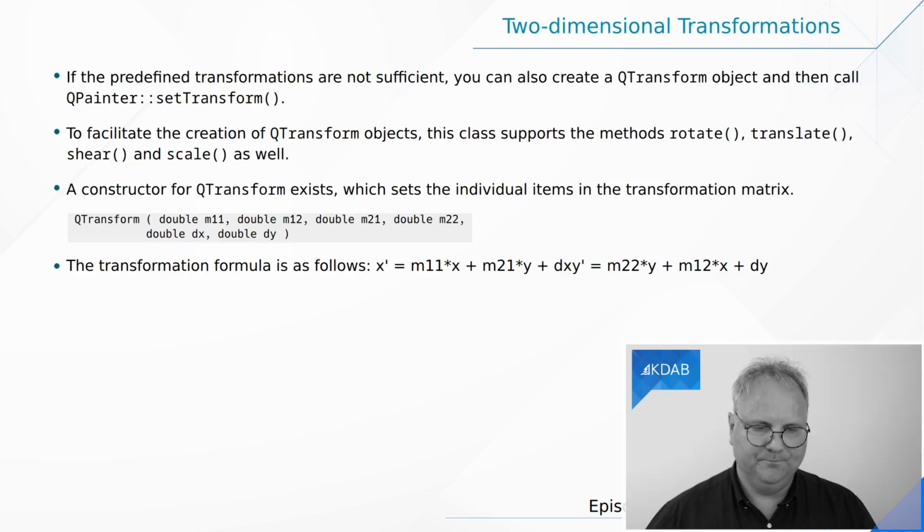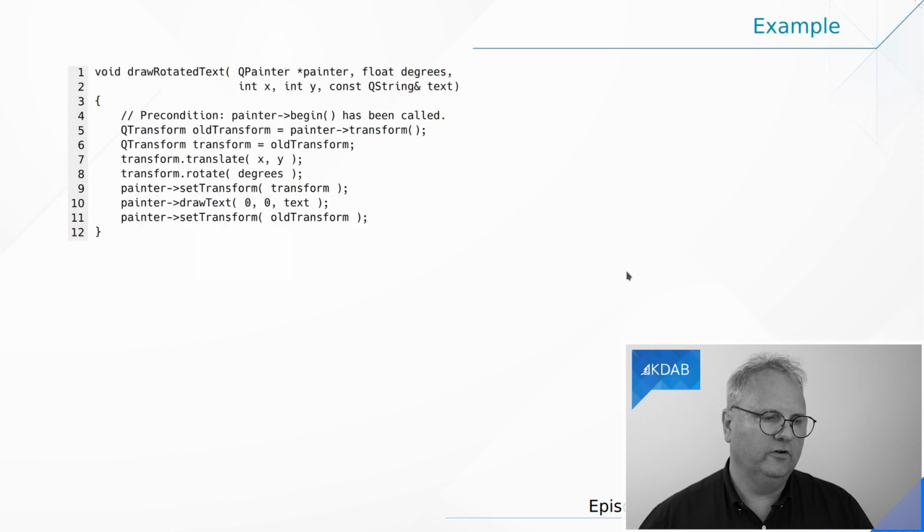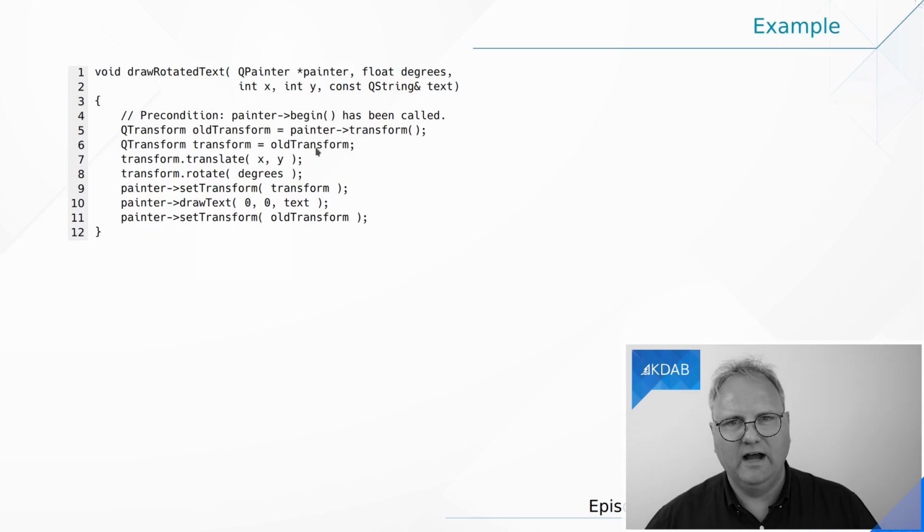So once I have that, my code looks like this. Again, my precondition is that my painter has been started. I can now go to the painter and ask for the transform. I'll make a copy of that so I remember the current setup. After all, it is just 9 numbers that I remember here.